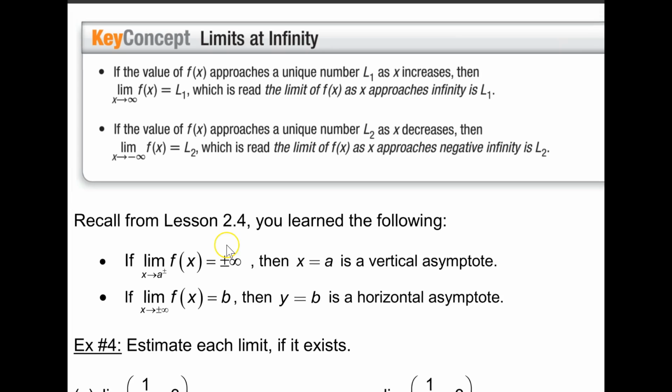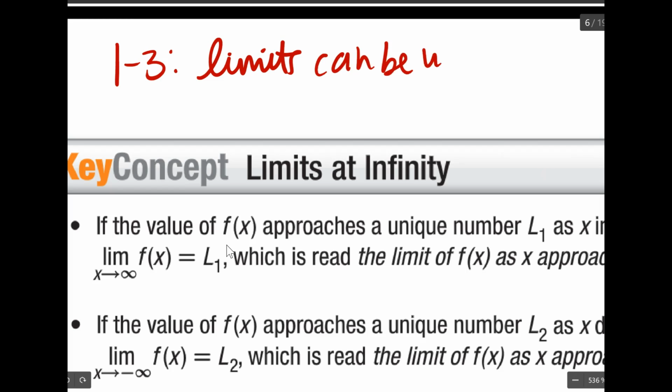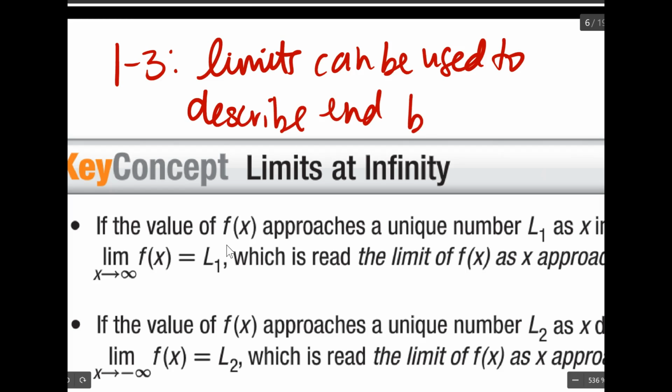I need water. So recall from lesson 1.3, limits can be used to describe end behavior. So remember how we talked about the limit as x approaches infinity, what's y approaching?